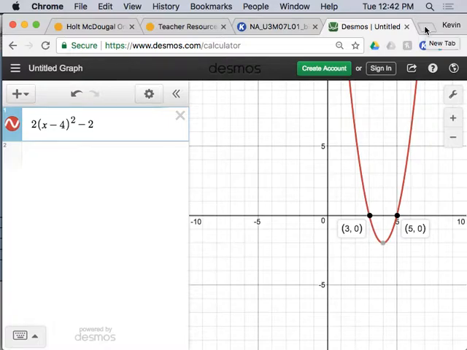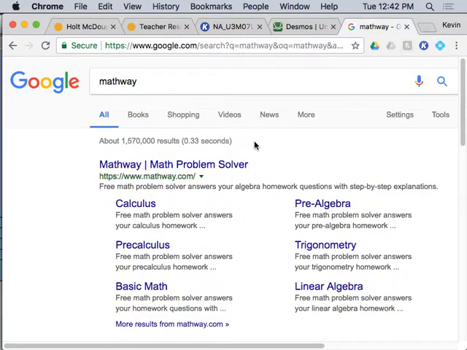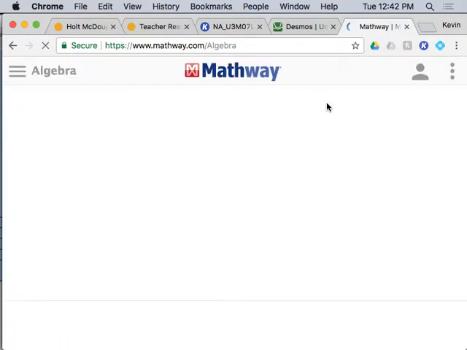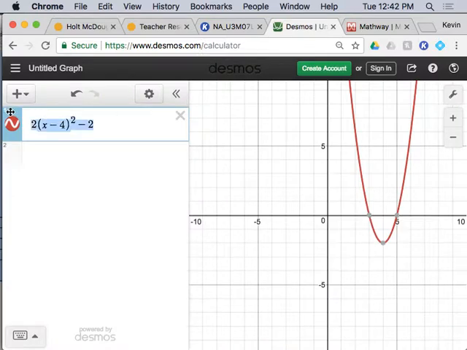What's that website where you can type in a math equation and they give you the answers? Mathway? Do I have to have an account? No, right? I don't, right? Let's see if I can just copy it.